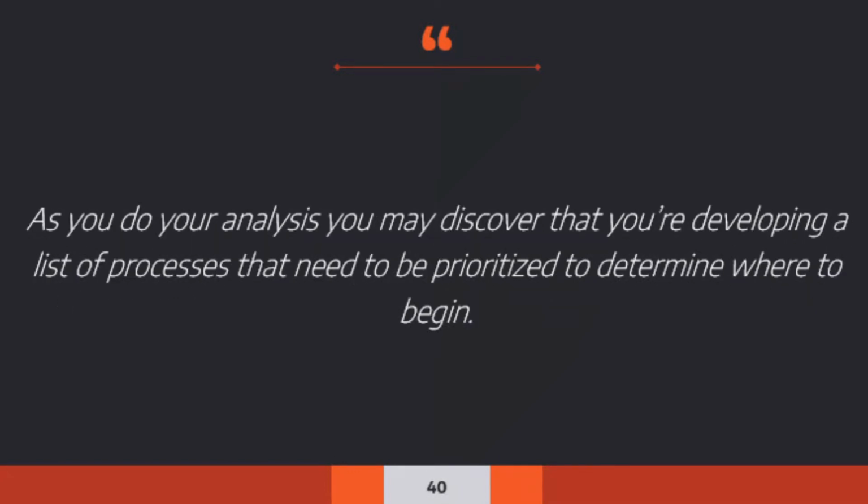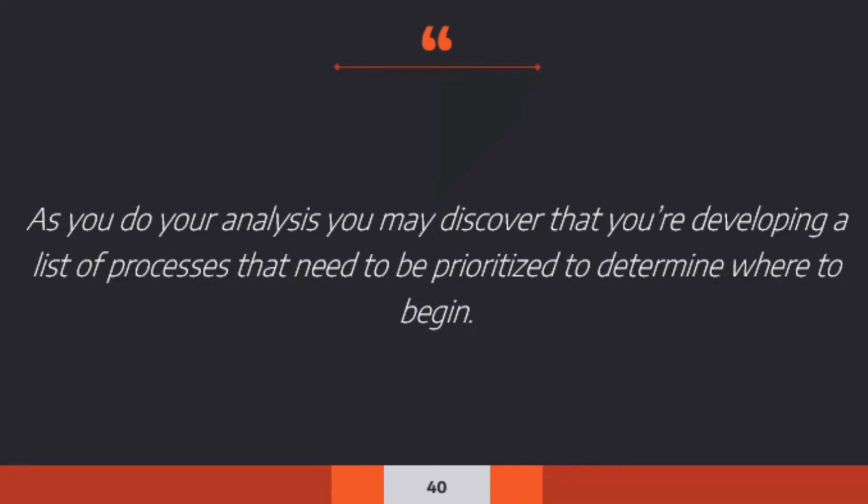As you do your analysis, you may discover that you are developing a list of processes that need to be prioritized to determine where to begin your project. Okay, it's like a checklist of your groceries, where you should begin.